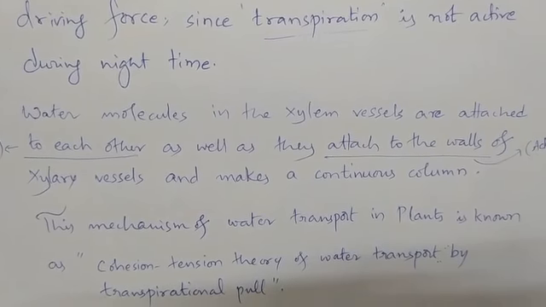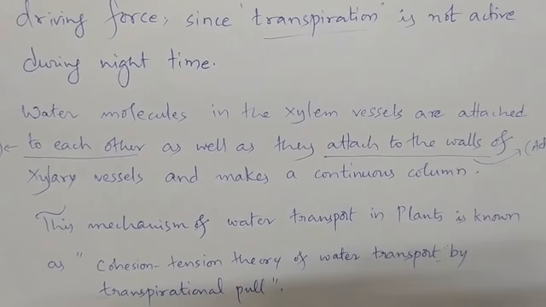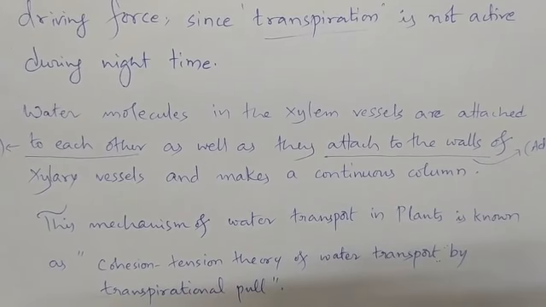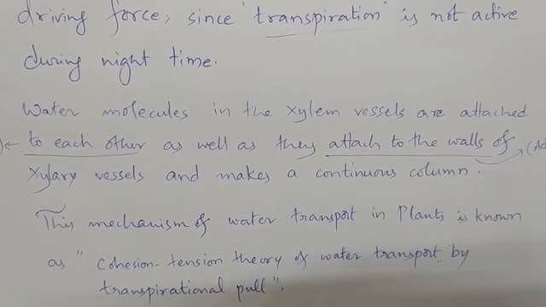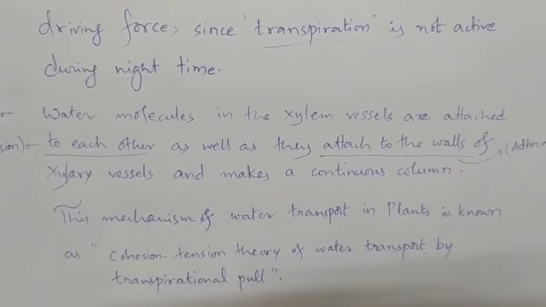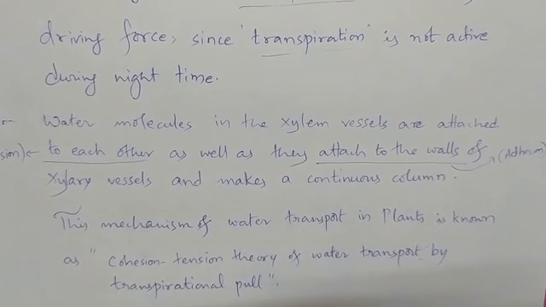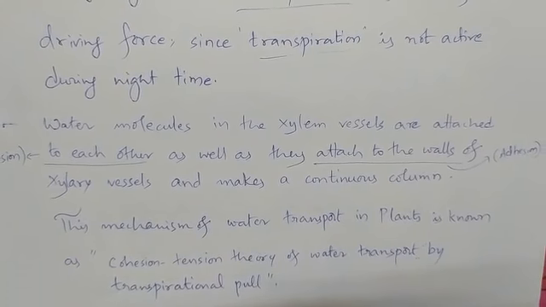This mechanism of transport of water in plants is known as the cohesion tension theory of water transport by transpirational pull.